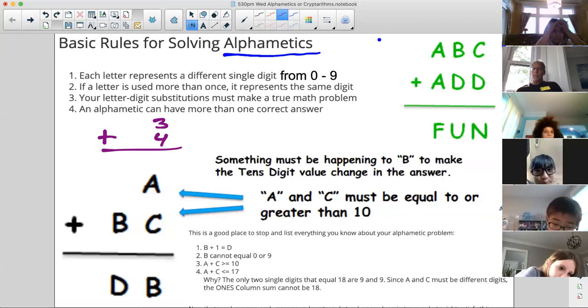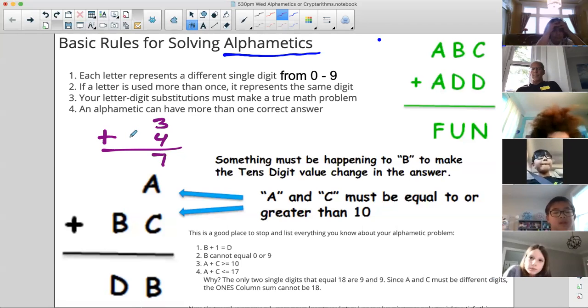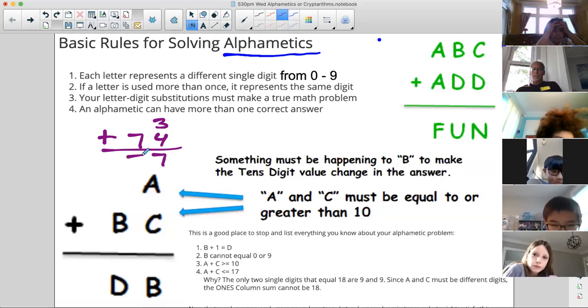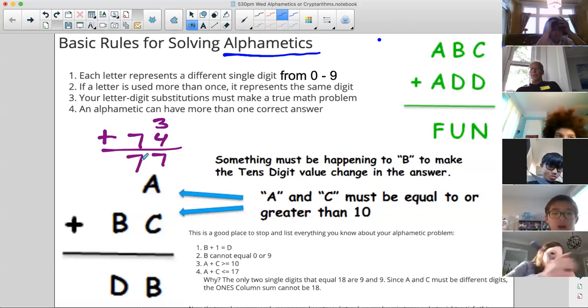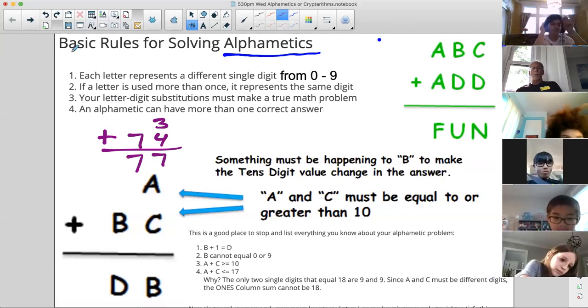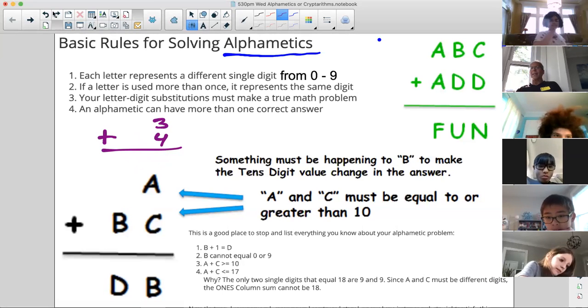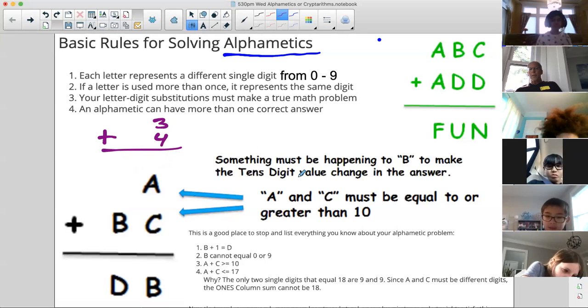I don't know. Okay, so if this is 7, Rafa, then B is 7 and D would also be 7. Oh yeah. And so why can A and C not be numbers like 3 and 4? Because D would be the same thing as B.